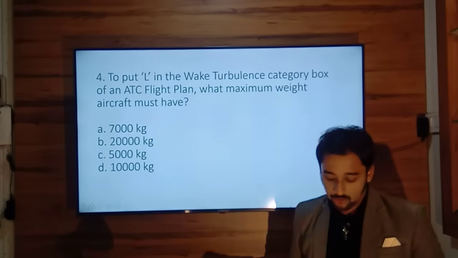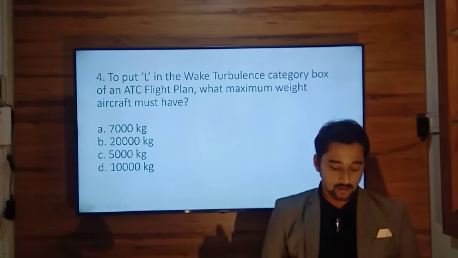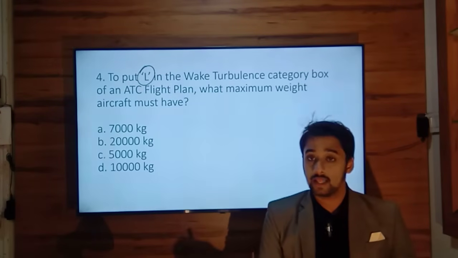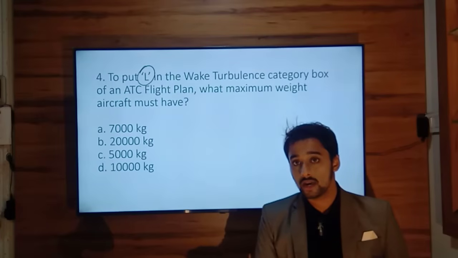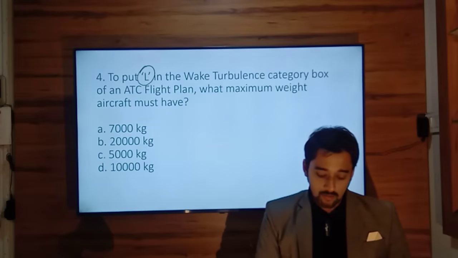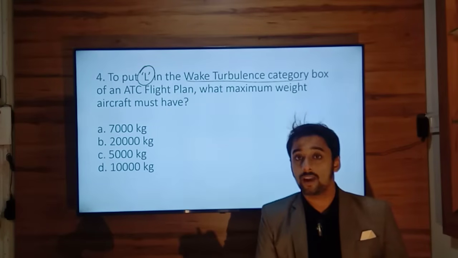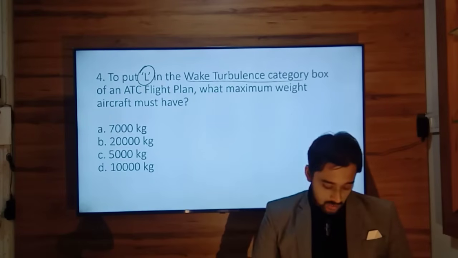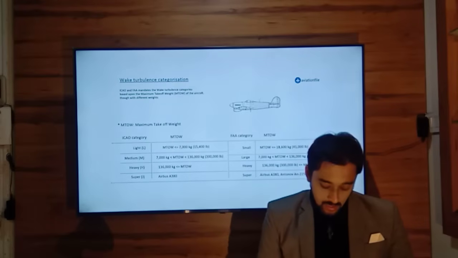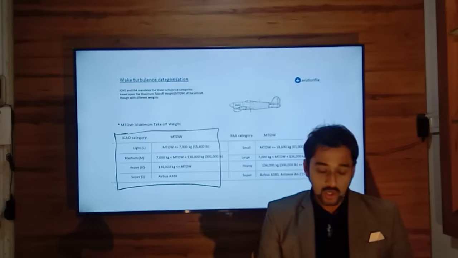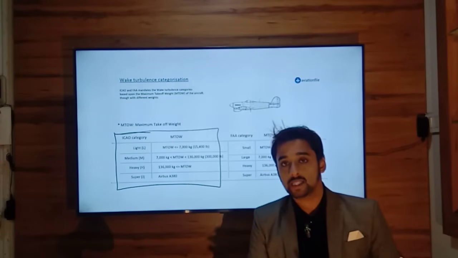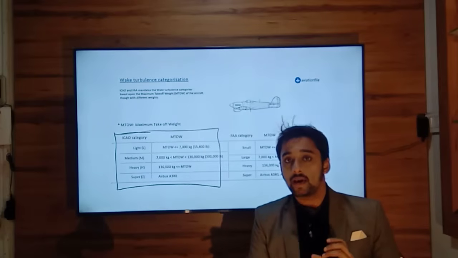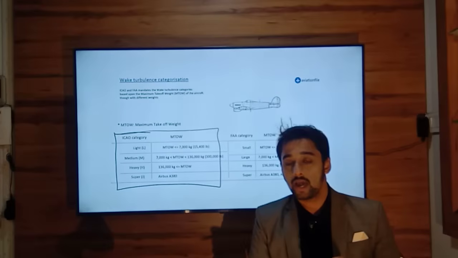Let's go to question number 4. To put L, the letter L, that is Lima in radio telephony, in your wake turbulence category box of a flight plan, what maximum weight must the aircraft have? For that you must remember this table. Every aeroplane is classified depending on its weight into light, medium and heavy.